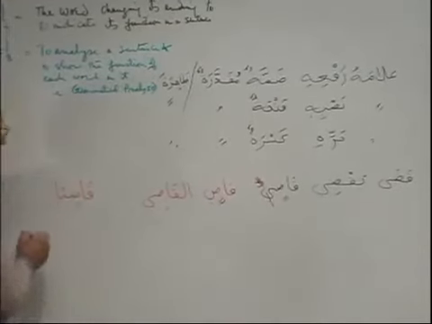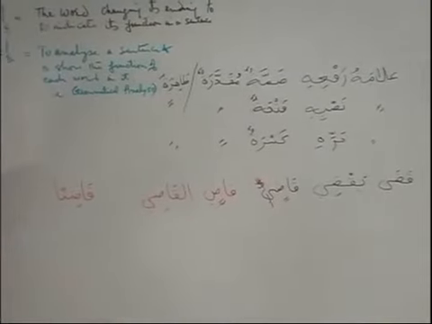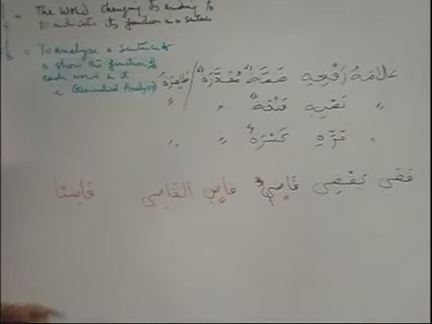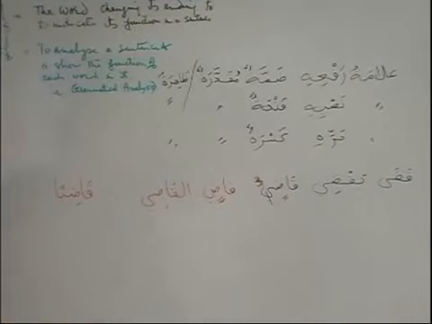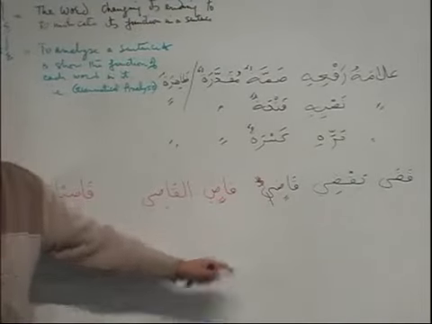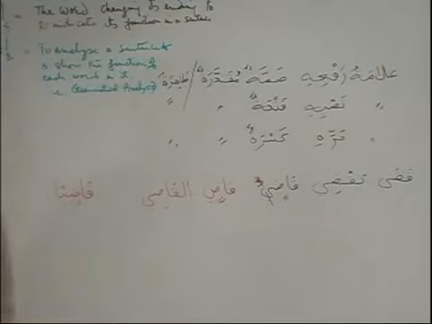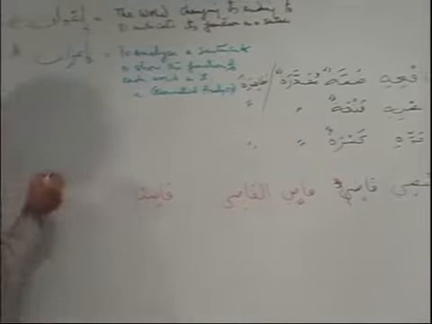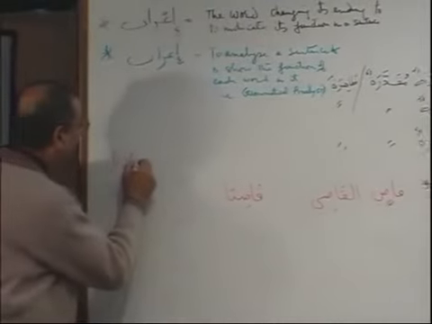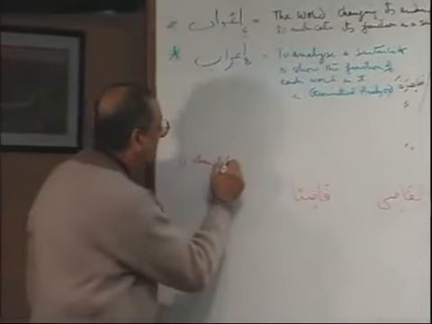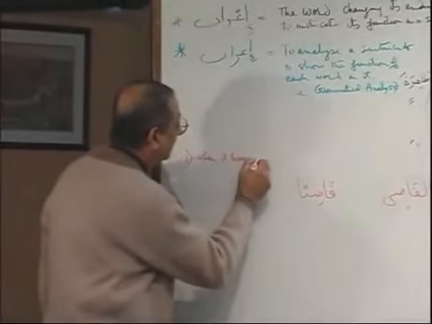Now, these are the rules we must remember. When will the ya become visible in mankus? Number one, when it becomes definite.